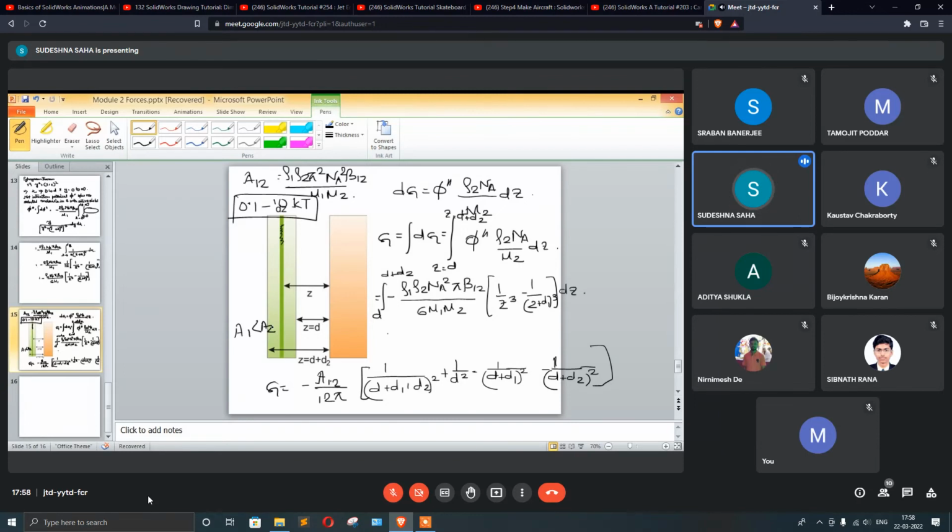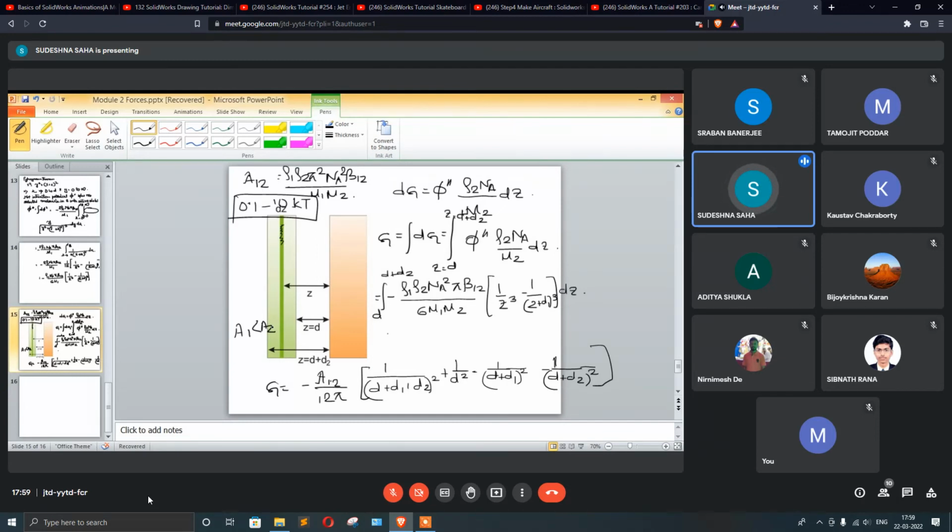You can ignore the end effects, assuming that the Lifshitz van der Waals forces decay fast enough to ignore the contribution from the difference A2 minus A1.